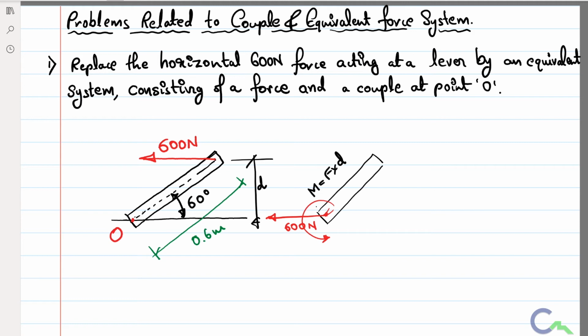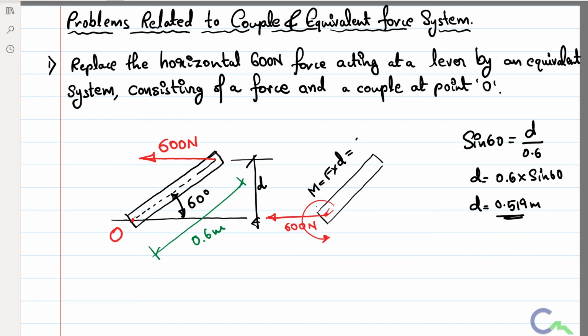I want to calculate the opposite, so I can use sine 60 is equal to opposite d over hypotenuse 0.6. Therefore d is equal to 0.6 into sine 60, therefore d is equal to 0.519 meter.